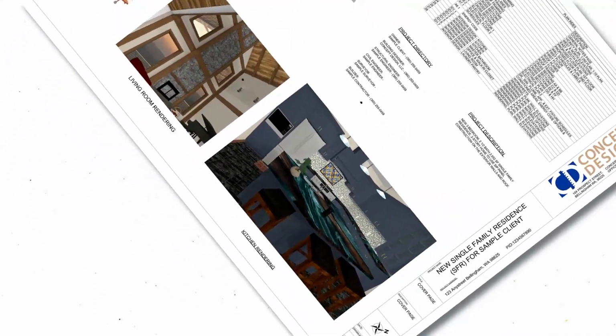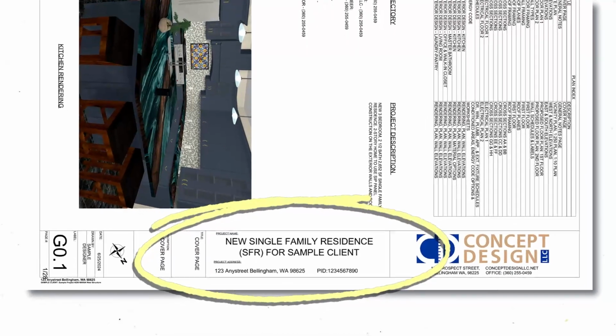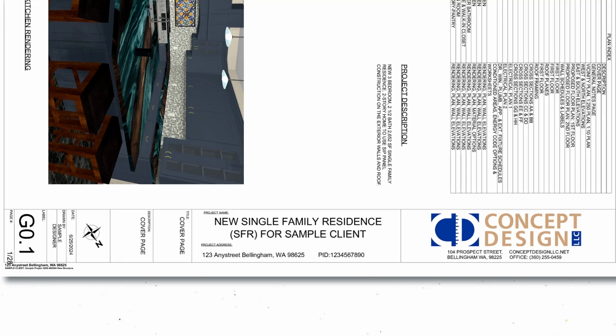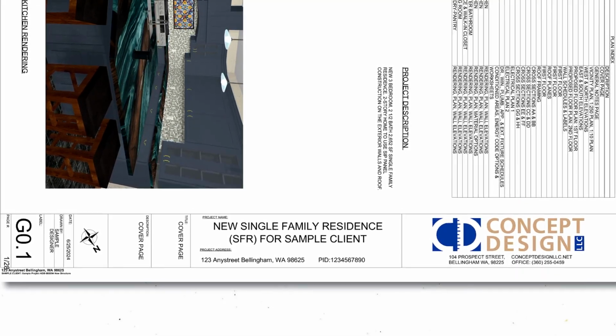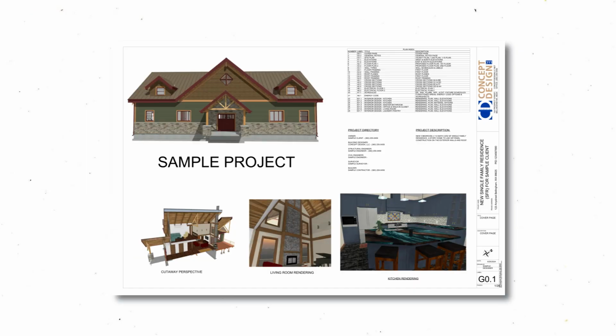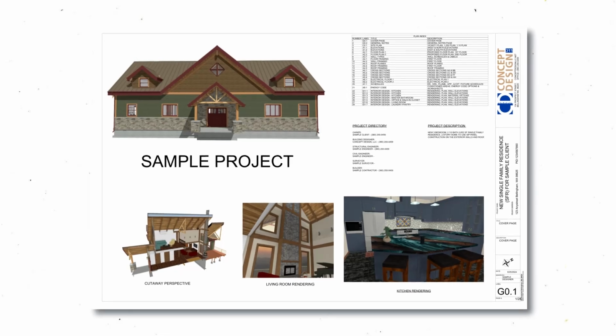First up, the project name. The project name tells you exactly what you're looking at. It might seem obvious, but when you're managing or working on multiple projects at the same time, whether it's a new home, a commercial space, or even just a renovation, knowing exactly which blueprint you're holding is essential.